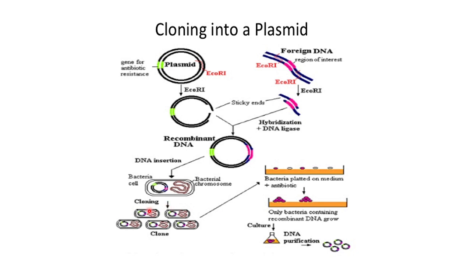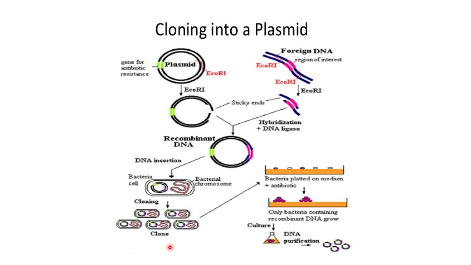After this we clone it, getting multiple clones of such a particular bacterial cell containing our plasmids, and then these are plated on the medium. First the antibiotic plate is made, and then you plate the bacteria on it.